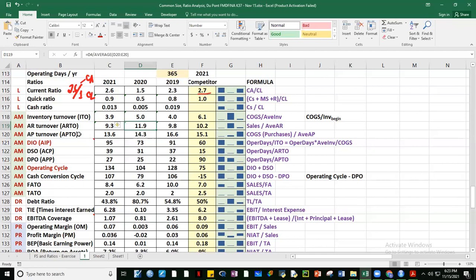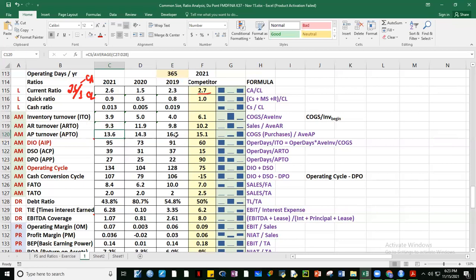We were able to collect more on our receivables, okay? And also 2019, mas mataas pa kaysa 2021. So there was a marked decrease as far as the collection activities of the company is concerned. Kasi 'di ba ito, pag galing dun sa sales on account, collect, ibig sabihin 9.3 times per year natin nagagawa yan.